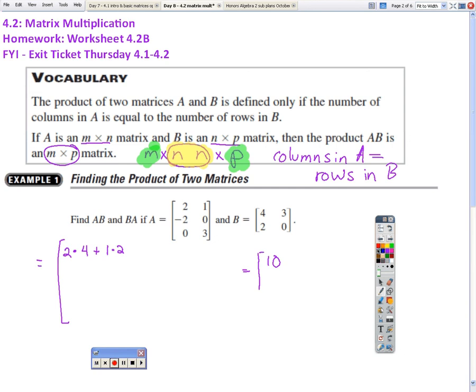Now I'm going to go to the first row and the second column. I'm going to do first row, second column: 2 times 3 plus 1 times 0. Well, that's going to be just 6. So that goes in the first row and the second column of my answer. I'm all out of columns, so now I'm going to move on to the second row.